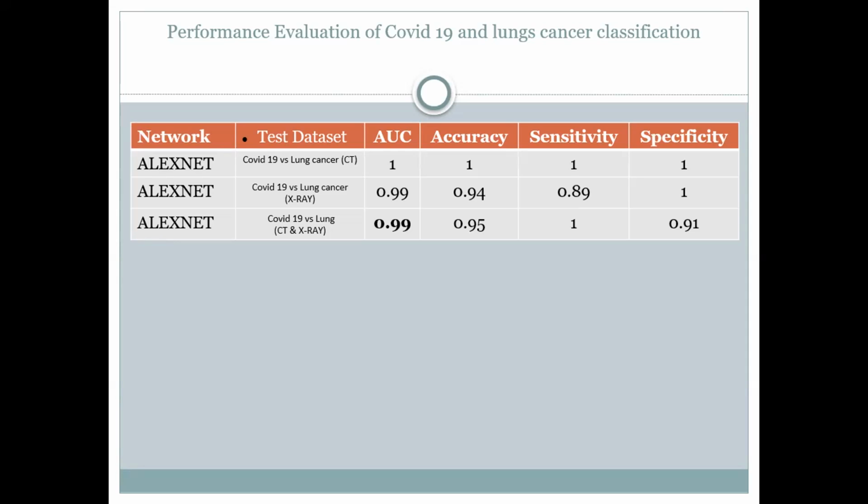And we clearly see that there was not much effect of the multimodal classification according to the results, because the accuracy was close to that of the ordinary X-ray scan classification, and was also close to the COVID-19 CT scan classification, and the sensitivity and the specificity as well. So there was really not much effect of the multimodal classification on the system.